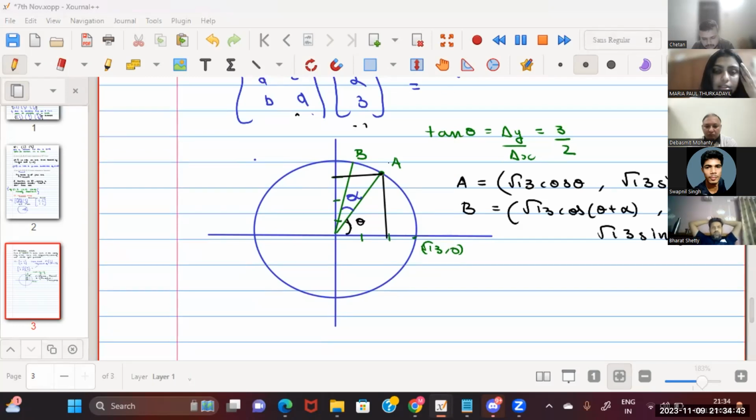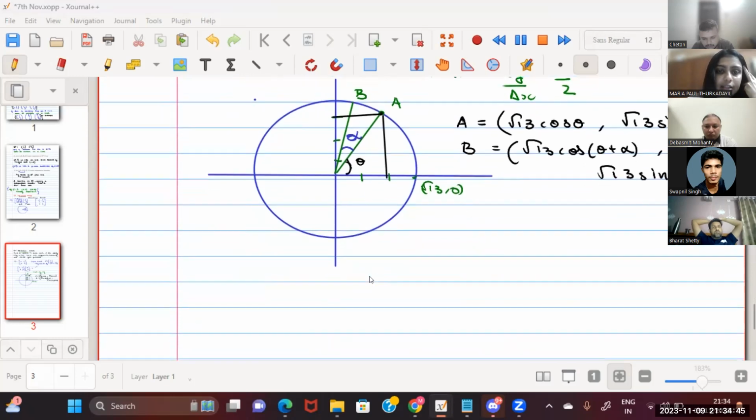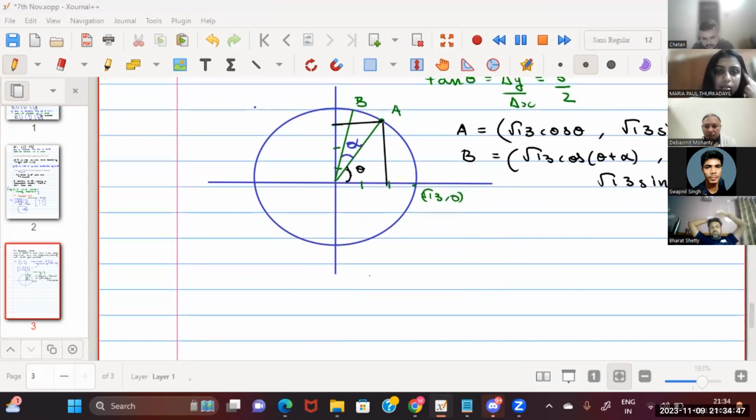I'll just do it for A. I'll name this point P, and this is the origin O.